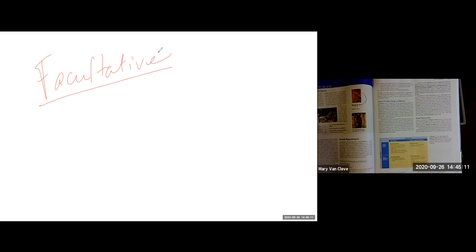We also have what's called facultative anaerobes. Now, a facultative anaerobe can maintain life via fermentation or some forms of anaerobic respiration.